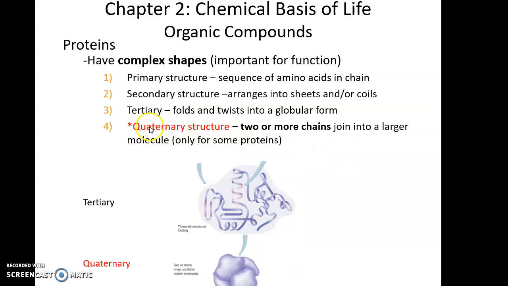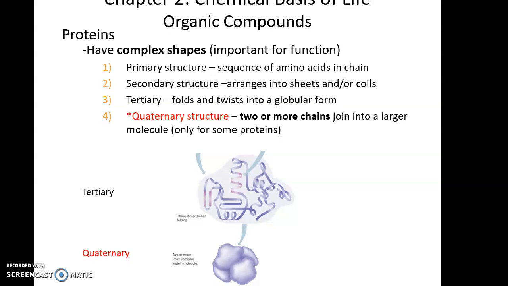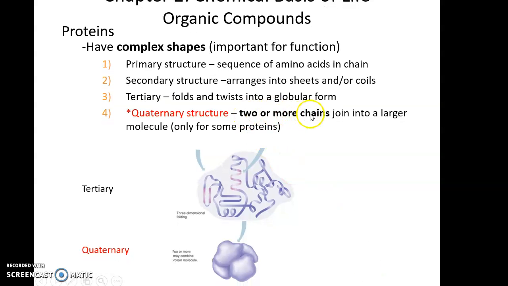Finally, the fourth level of complexity is the quaternary structure. It's worth noting that quaternary structure is when two or more chains, two or more polypeptides, join together to form a larger protein. Now this occurs in some proteins, but not all proteins.